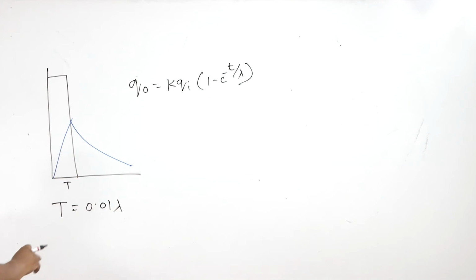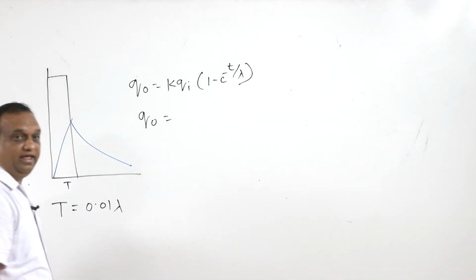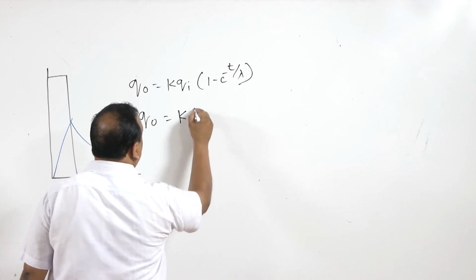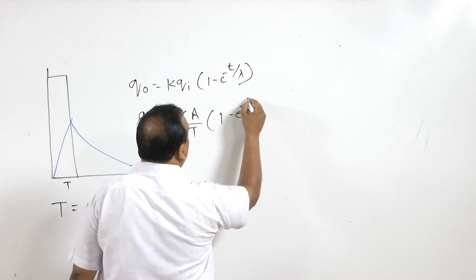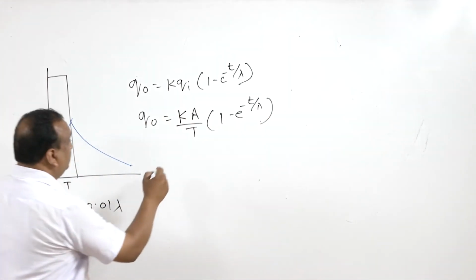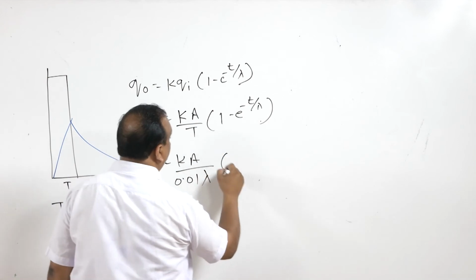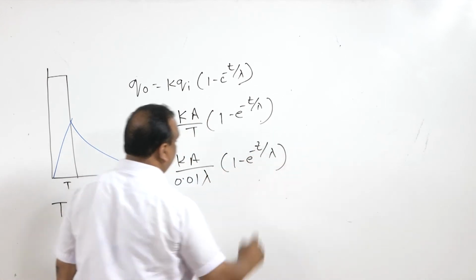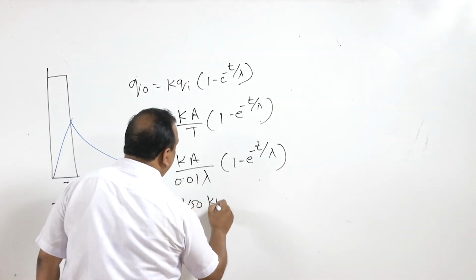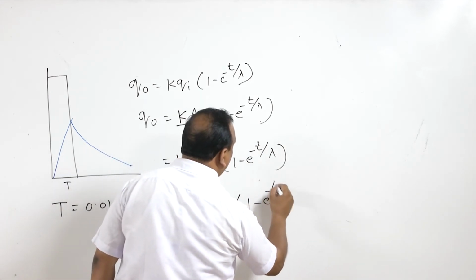So when we are assuming T is equal to 0.01 lambda, and for this we have already taken Qi as K A by T (1 minus e raised to power minus t by lambda), and T is equal to 0.01 lambda. So it is K A over 0.01 lambda (1 minus e raised to power minus t by lambda), and this is going to be equal to Qo is equal to 100 K A divided by lambda (1 minus e raised to power minus t by lambda).